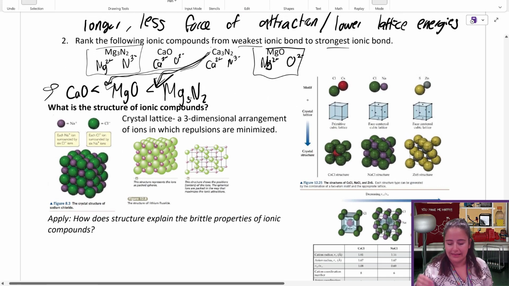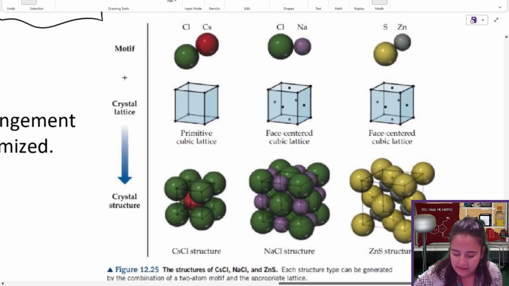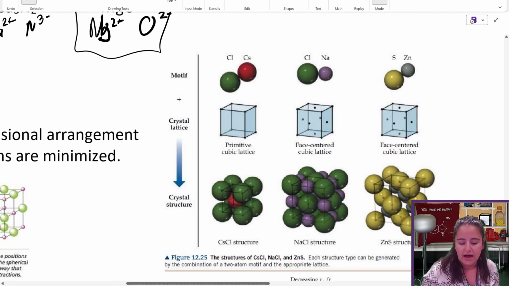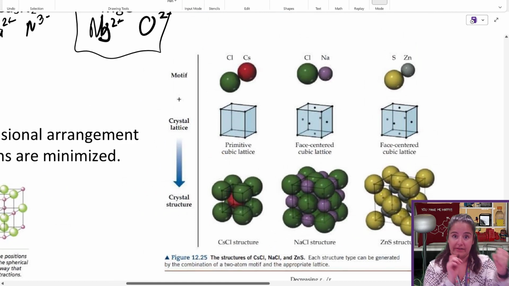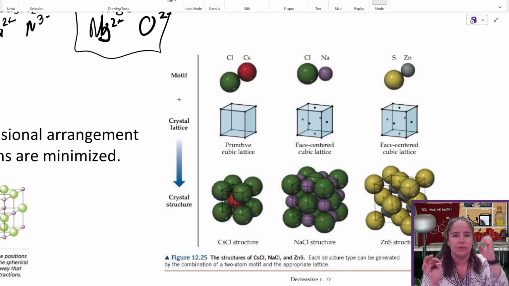Last thing is the structure of ionic compounds. We call it a crystal lattice, and there are a lot of different types of crystal lattices. It could be what you're probably used to seeing with sodium chloride, where it's just every other, all in a cube with one in the middle and six around it in the plane. But there are other structures, like this cesium structure, where the cesium is in the middle and the chlorines are all around it.